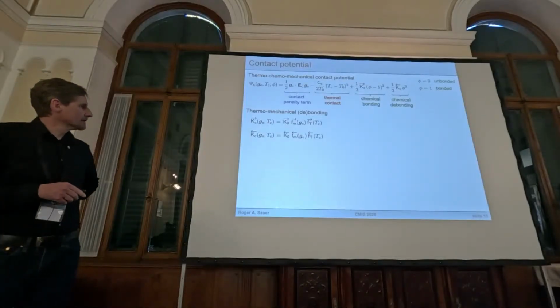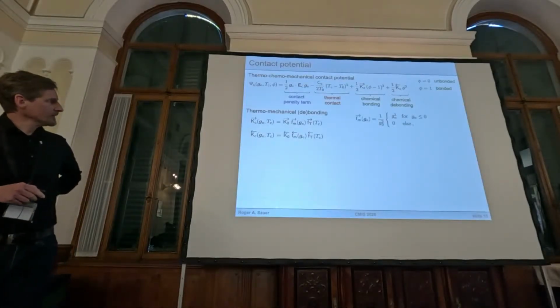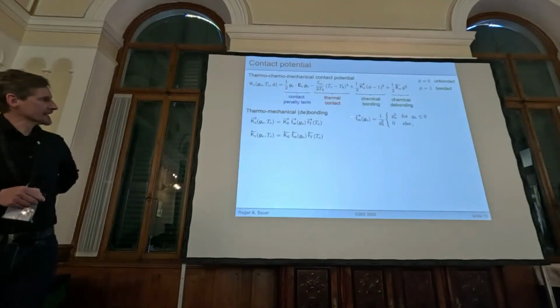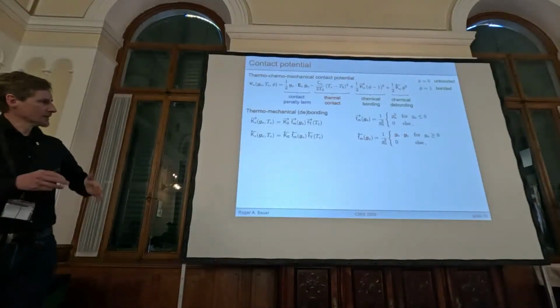And in general, they could depend still on the mechanical gap and on the temperature of the interface. And the simple way that this could look is that this forward part, this bonding reaction, could depend on the pressure, which would be the gap in this penalty setting. That would be the negative gap. And in the debonding case it could be the positive gap, and this is opening.